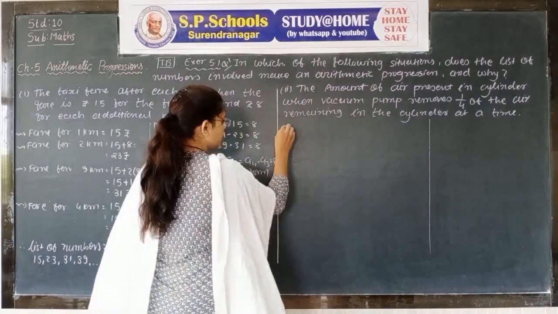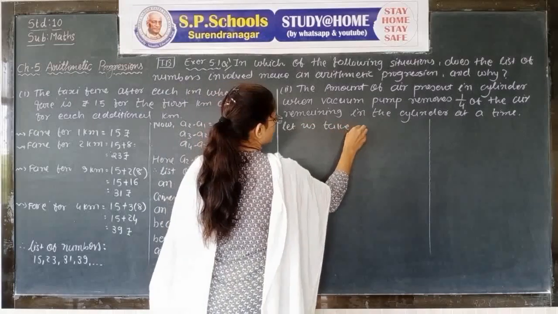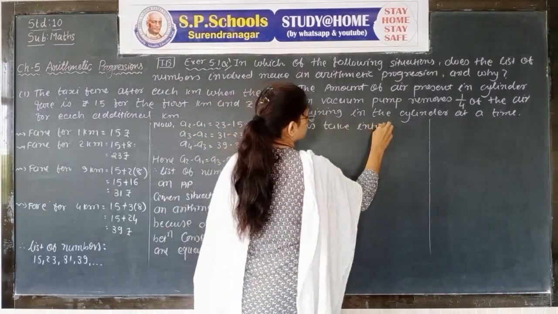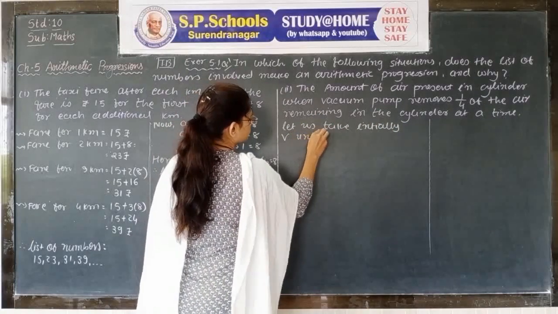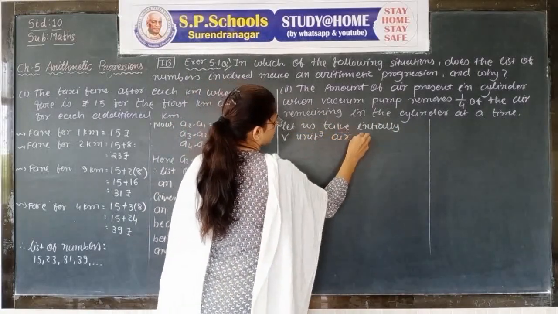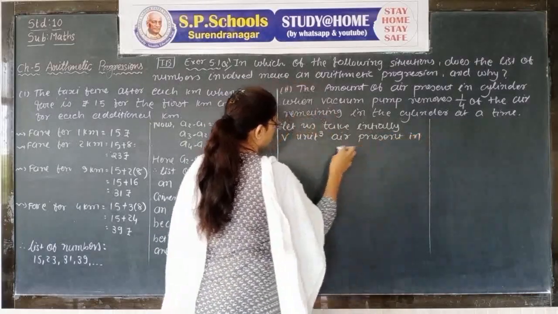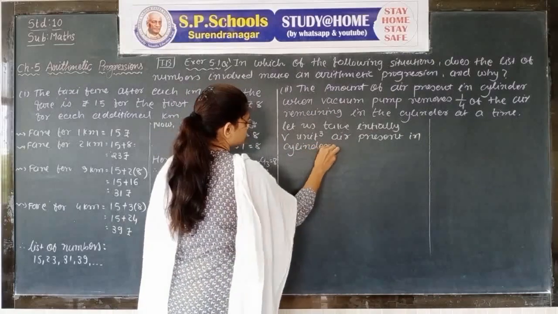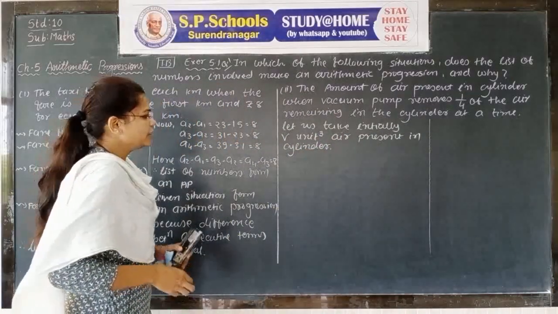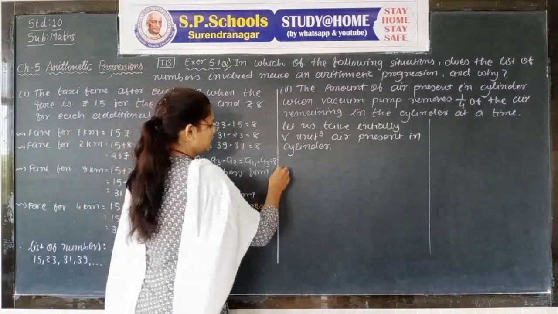Let us assume initially V unit cube air is present in the cylinder.